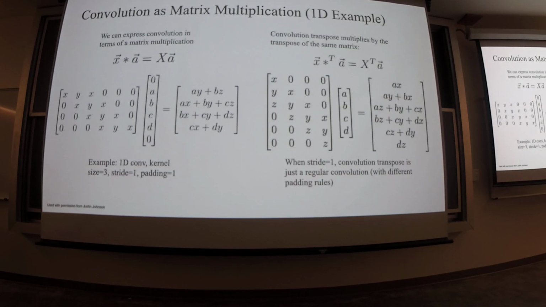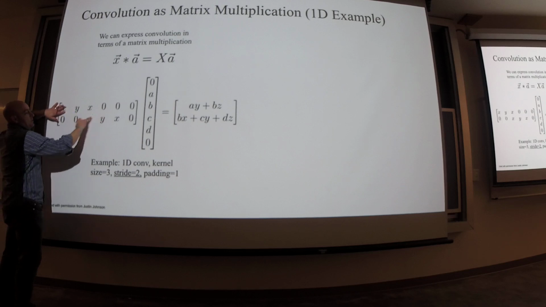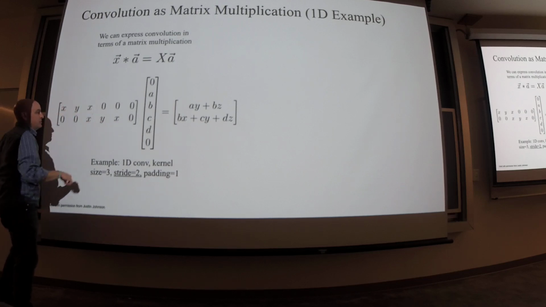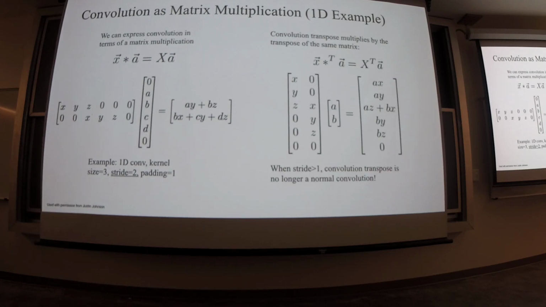So this was our stride 1 example. This is our stride 2, the stride 2 being the fact that this is shifted over by 2 entries. Same thing for the transpose convolution.